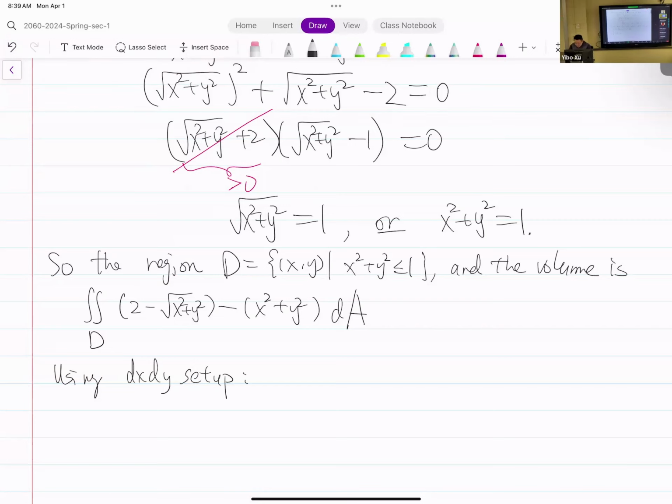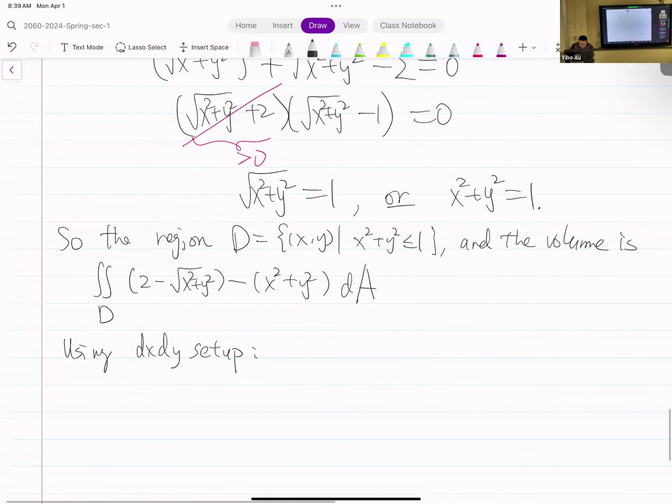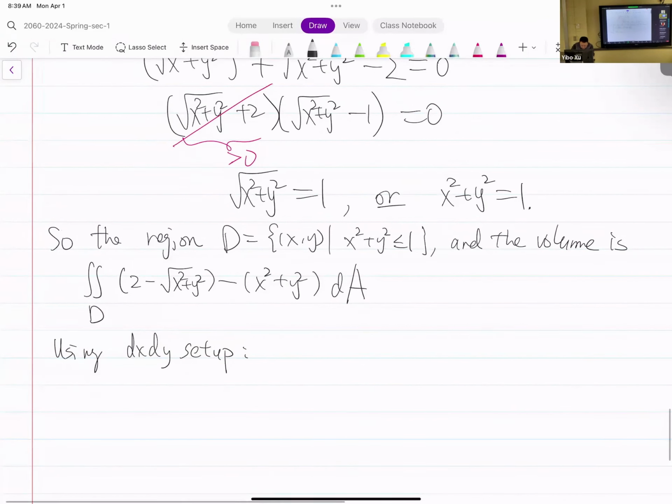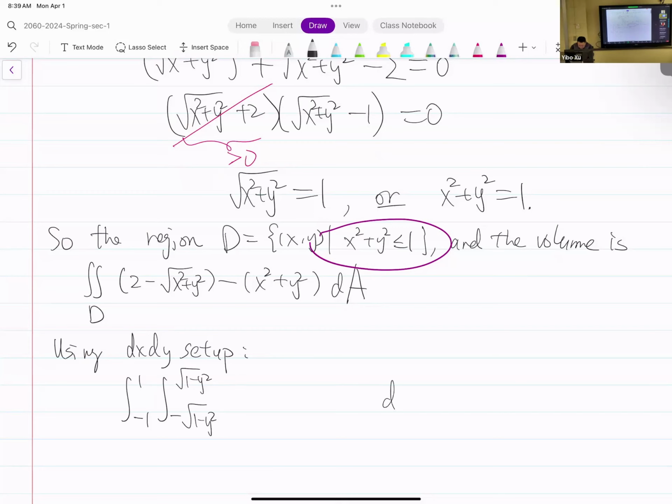So if you were doing the dx dy setup, then somehow you need to describe this double integral in terms of x and y. Here, of course, we know to describe this unit disk, y has to come between -1 and 1, and x is between radicals in terms of y.